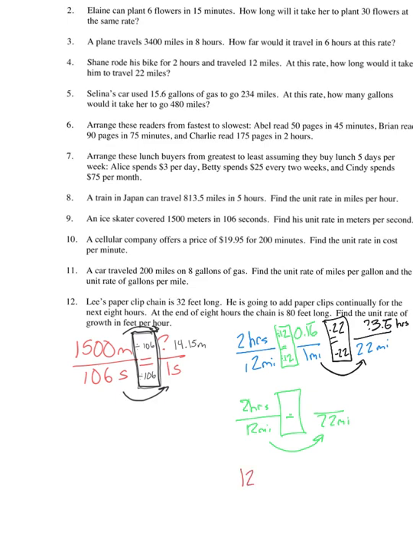So 12 times what equals 22? I just flip that backwards and say, what's 22 divided by 12? That would be 1.83 repeating.